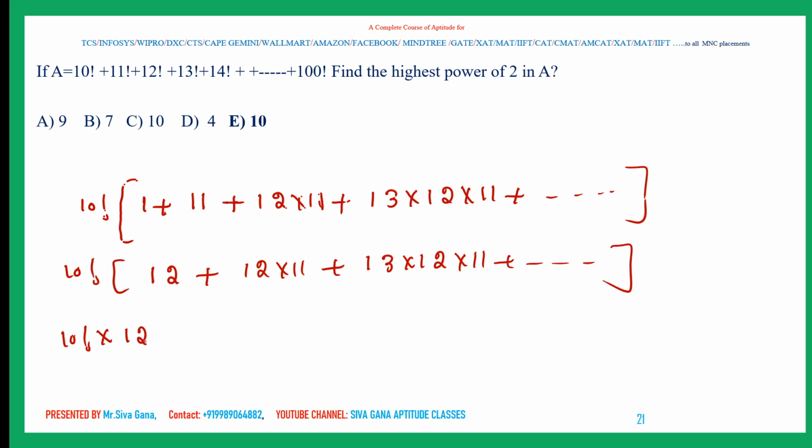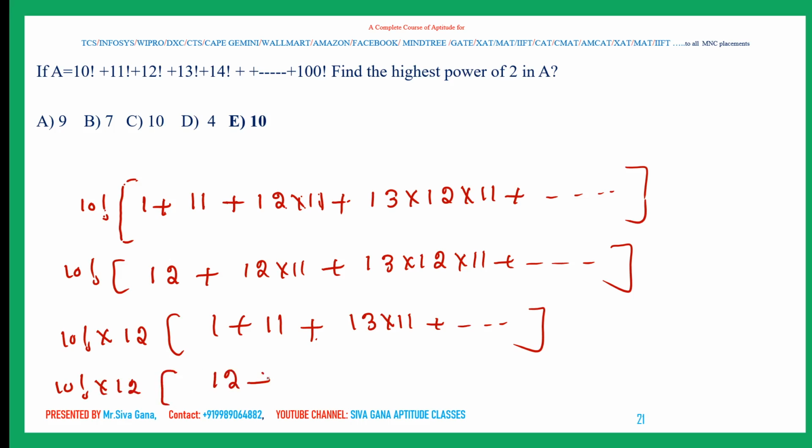So 10 factorial into 12, which is nothing but, 1 plus 11 plus 12 common, 13 into 11 plus and so on like this. 10 factorial into 12, 1 plus 11 is 12, 12 plus 13 into 11.